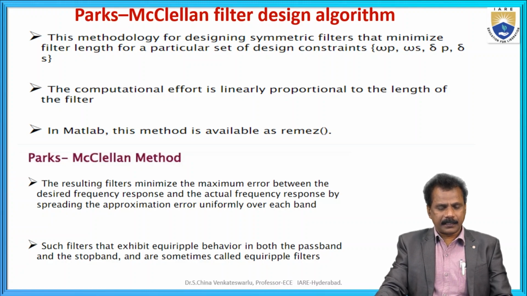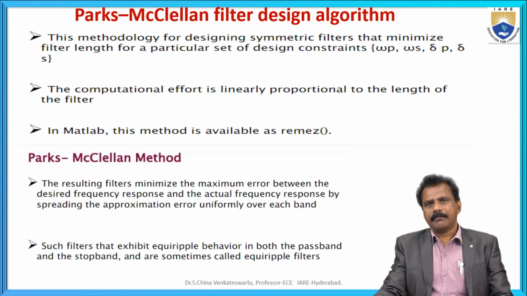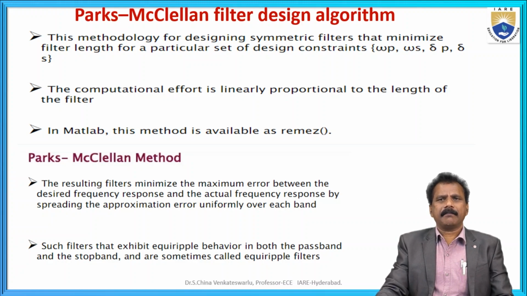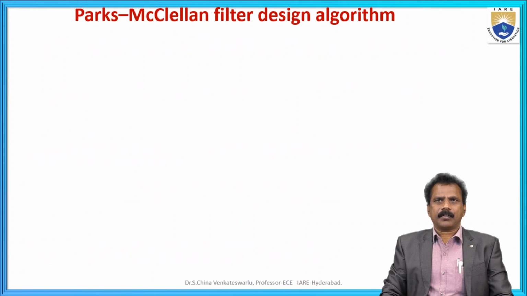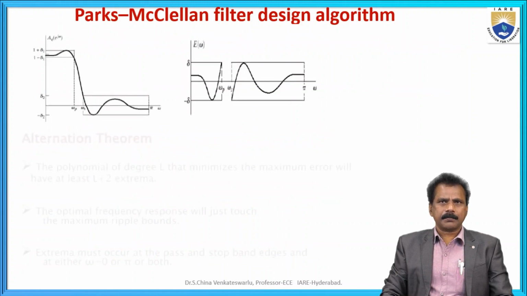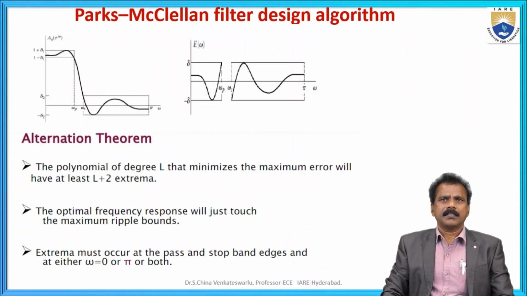Such filters exhibit equiripple behavior in both the pass band and the stop band, and are sometimes called equiripple filters. You can expect these outcomes while using this type of algorithm or methodology.